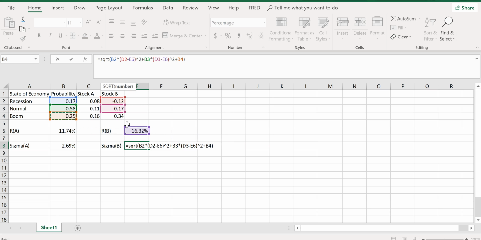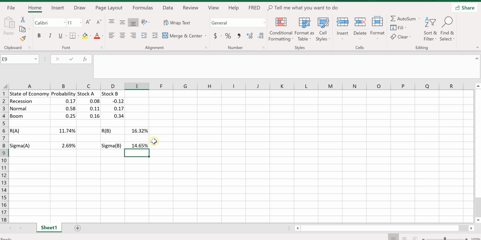This happens with this probability times the deviation from the expected rate of return, and then square of that. So this is the standard deviation of stock B.